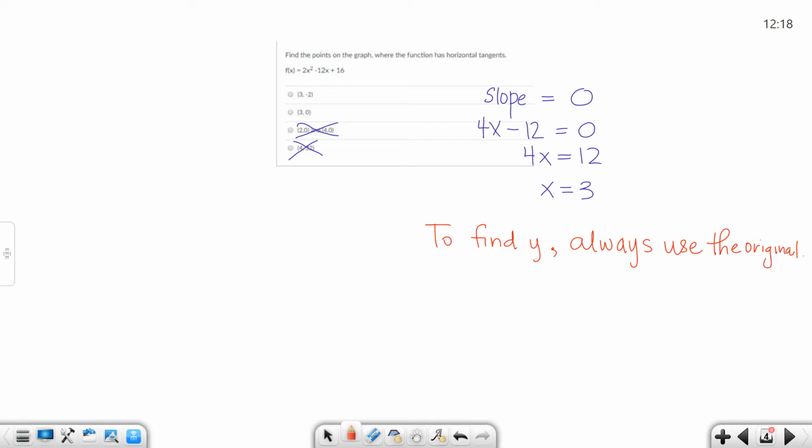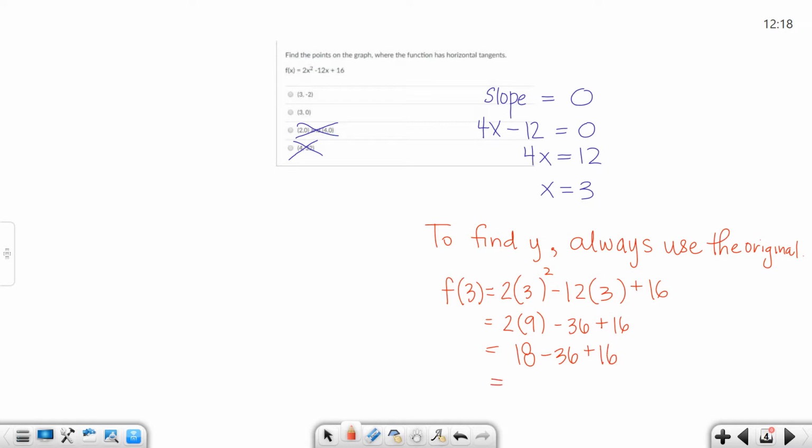So I'm going to take 3 and plug it into my original function. 2x squared minus 12x plus 16. Okay, when I put that in, I get a value of negative 2. So my point is 3, negative 2.